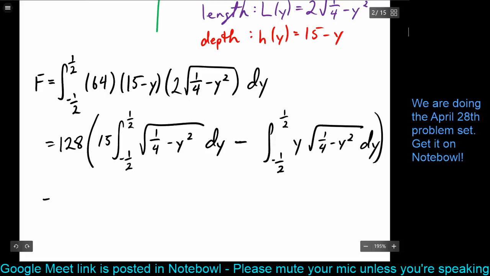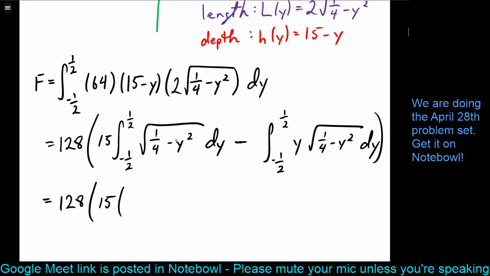So we're kind of stuck with this 128 and 15 here. Now, look at what this integral is. This is something that you should be able to interpret. This here is the area of the semicircle of radius 1/2. If you think of how you set up the integral for the area of a semicircle, it's going to look like this.